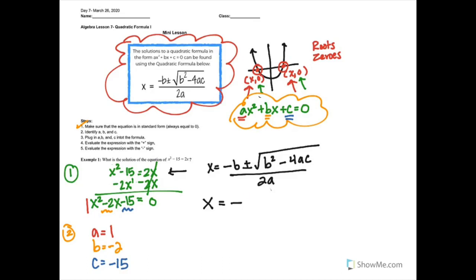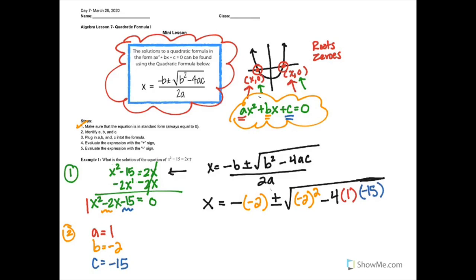So I have negative b, which is -2, plus or minus the square root of b, which is -2 squared, minus 4 times a, which in this case is 1, times c, which in this case is -15. And that is all under the square root.